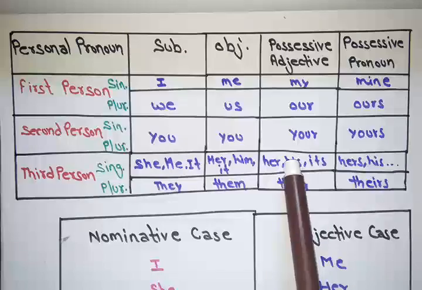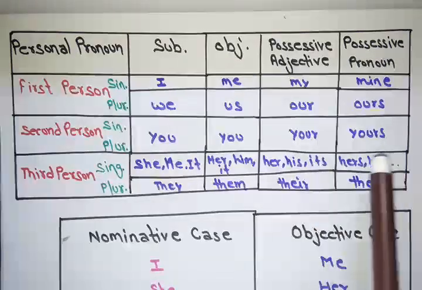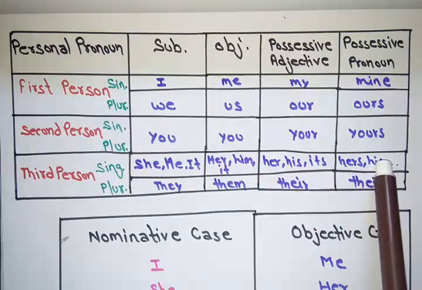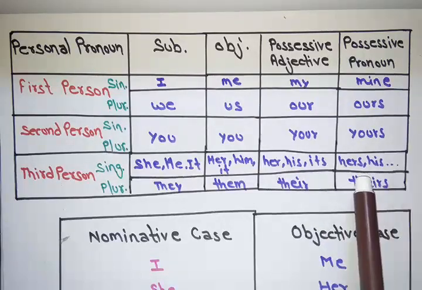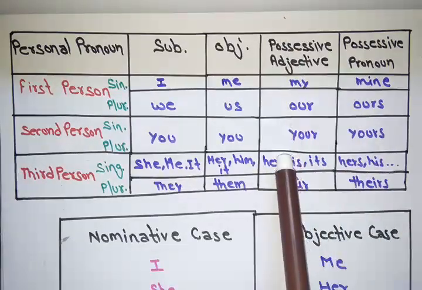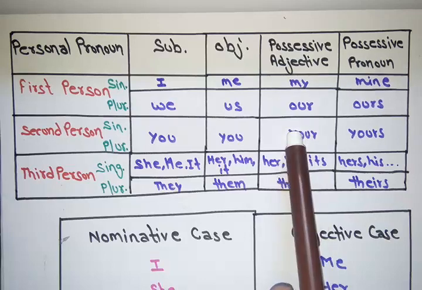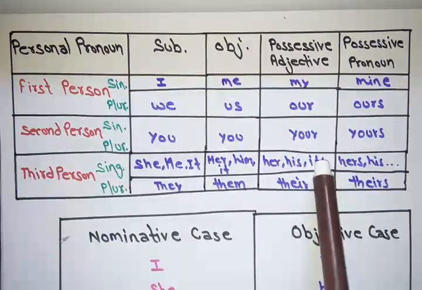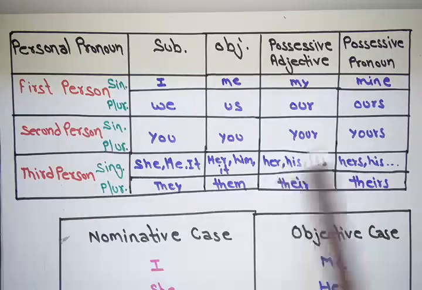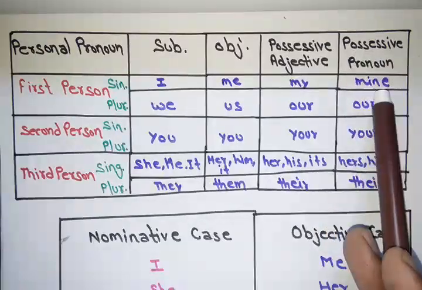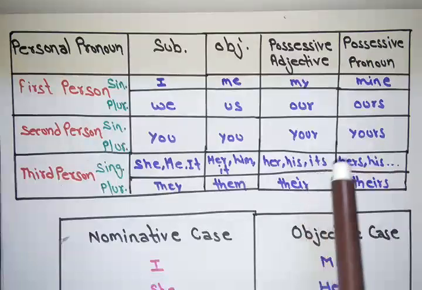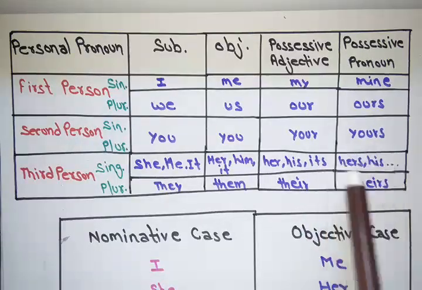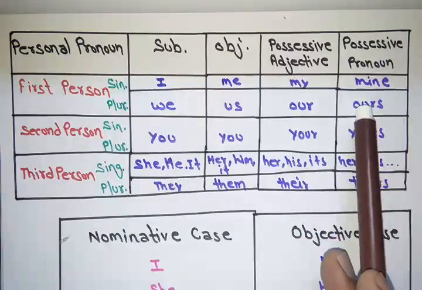These are the possessive adjectives: my, our, your, her, his, its, and their. And possessive pronouns: mine, ours, yours, hers, his, theirs. They are the possessive pronouns.